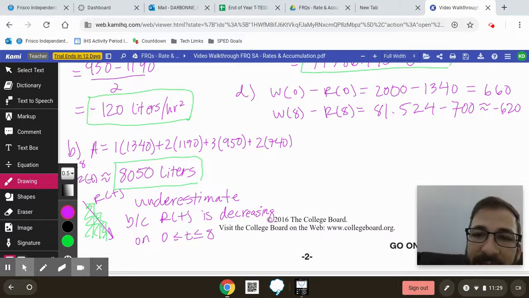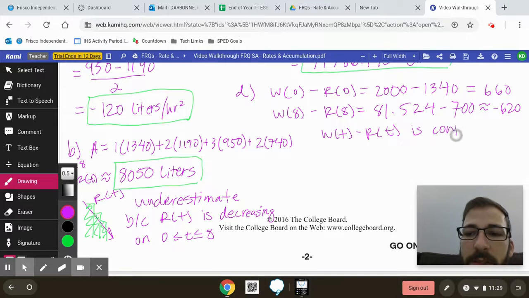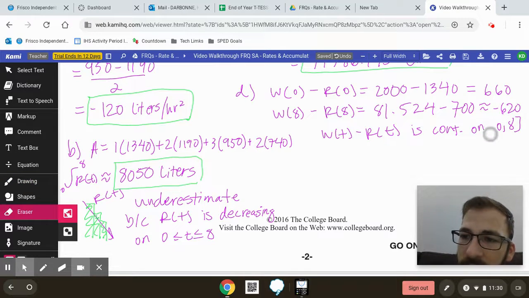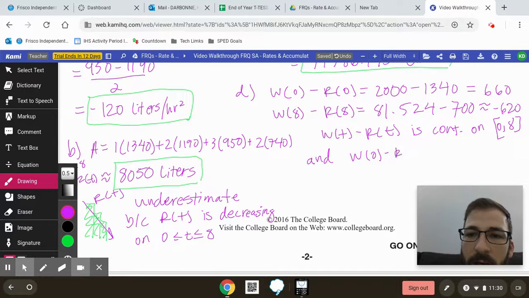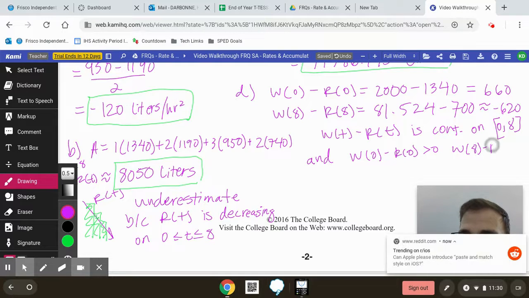So we'll say that W of t minus R of t is continuous on the closed interval 0 to 8, and W of 0 minus R of 0 is greater than 0, and W of 8 minus R of 8 is less than 0.